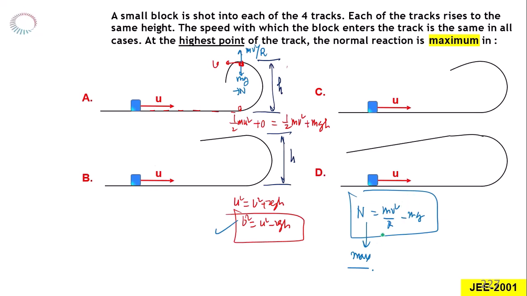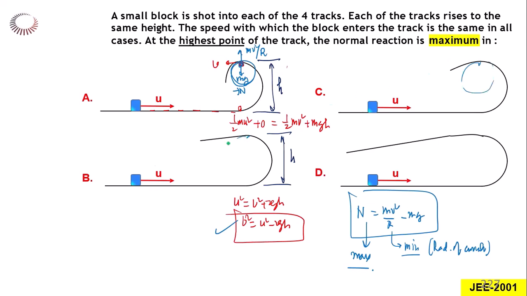So N will be maximum for the situation where r is minimum. What is r? r is nothing but the radius of curvature. So the radius of curvature should be small. Smaller number means, if you feel the track, can you feel that at this point, if I draw a circle, this is the circle. At point B, the circle will be somewhat larger.